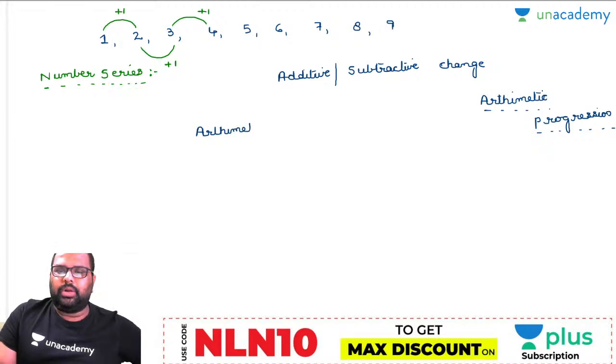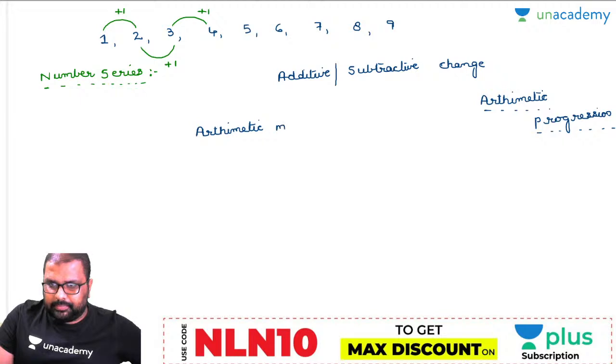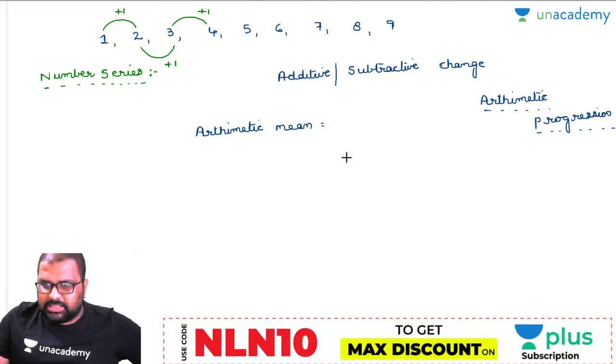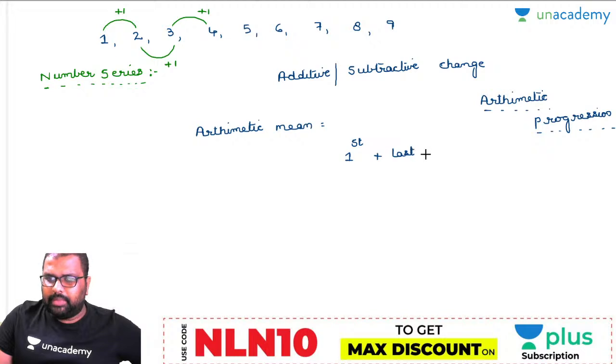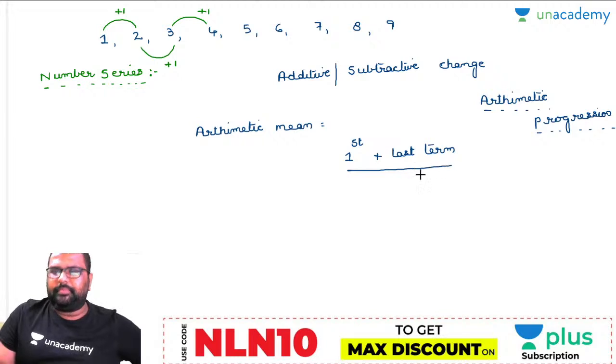Can anybody say? These are the terms that you have to learn. Arithmetic mean is nothing but first term plus last term divided by 2. Now what is the first term there? Can anybody say? First term is 1.